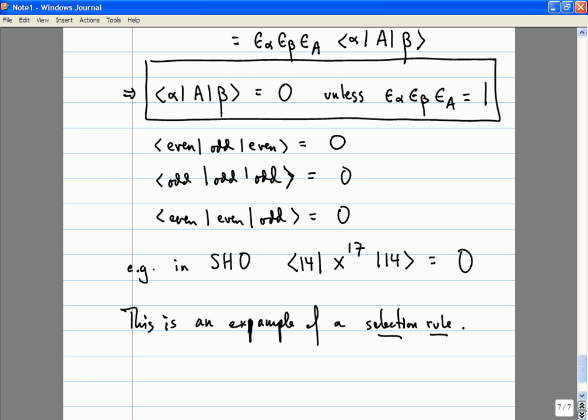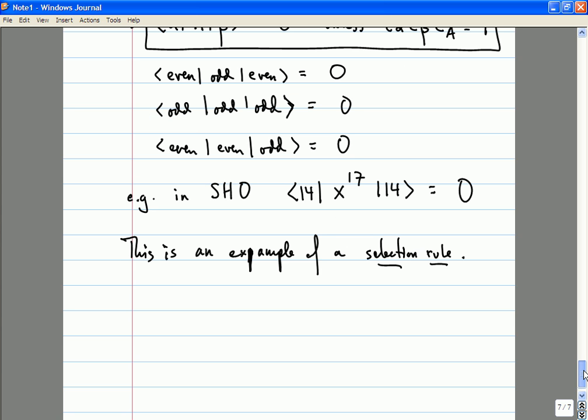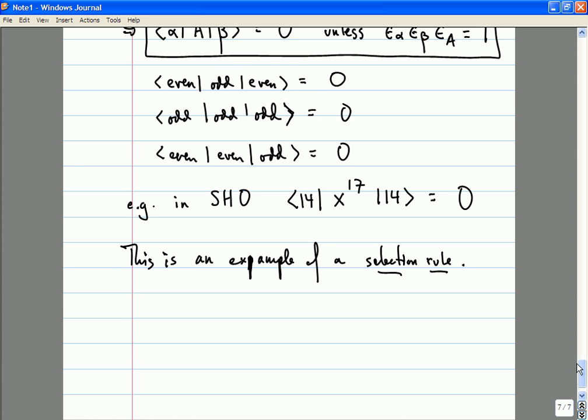Let me mention one more property of parity. So, one useful thing to consider is how operators transform under parity.